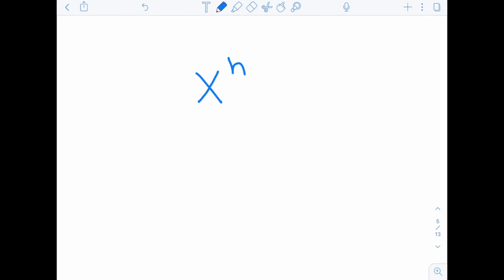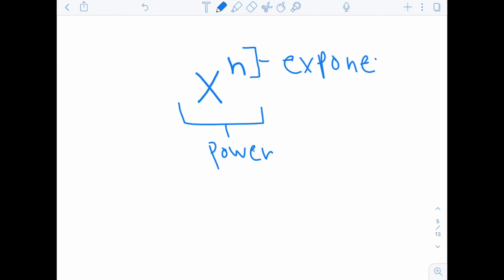Now an expression that takes this form is called a power. And the exponent is this. What the exponent does is indicate the number of times the base is used as a factor. So this is the base.